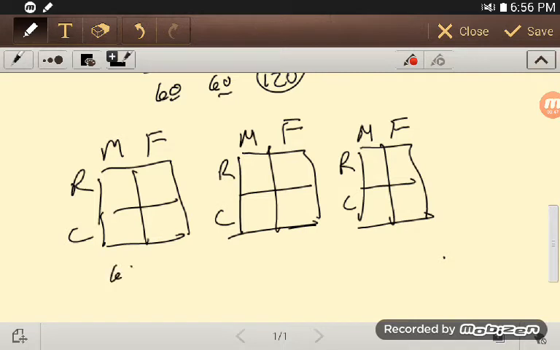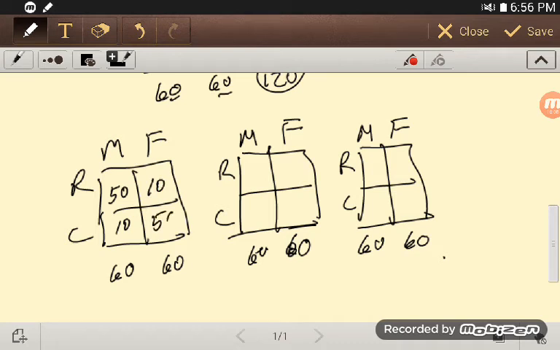So we're going to end up with 60 each time here. Up there I had the 40 and 20. Let's make it even more exaggerated. Maybe it's 50 and 10 and 10 and 50.